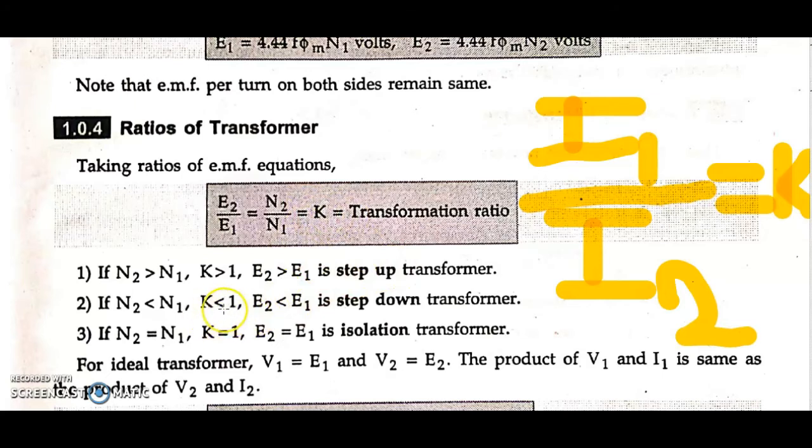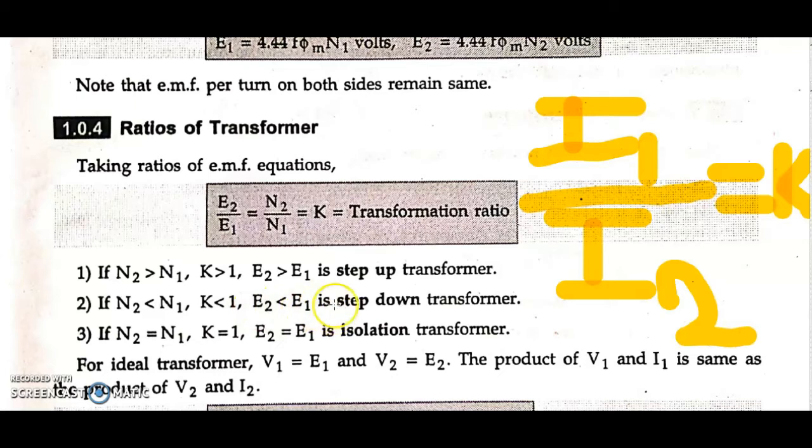Again, if you multiply E1 by this K value, then E1 will be reduced. E2 is equal to K times E1. If K is less than 1, then E2 will be reduced. So E2 will be lesser than E1.